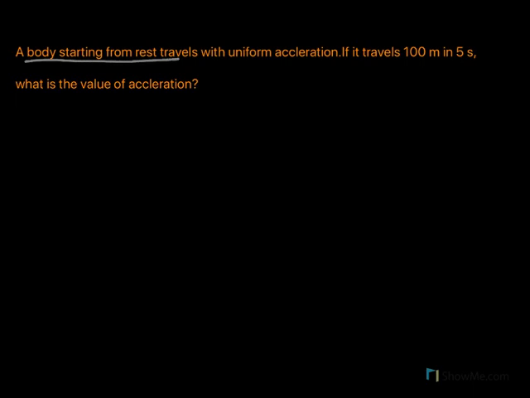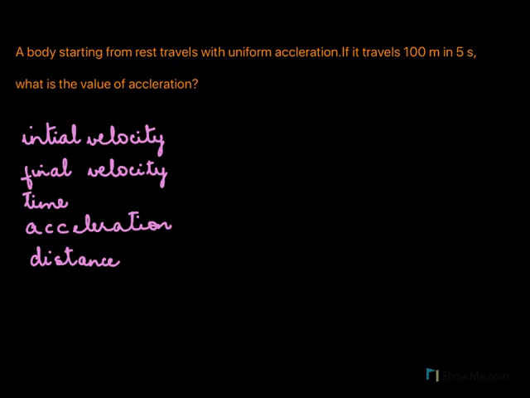A body starting from rest travels with a uniform acceleration. If it travels 100 meters in 5 seconds, what is the value of the acceleration? A body starting from rest, means u equal to 0. So the initial velocity u is equal to 0 meter per second.